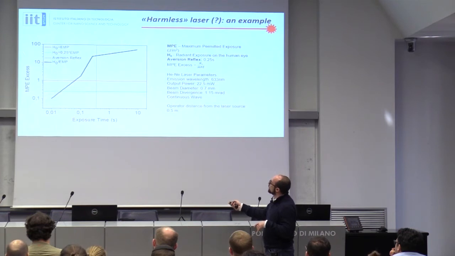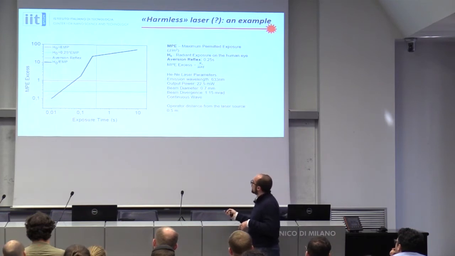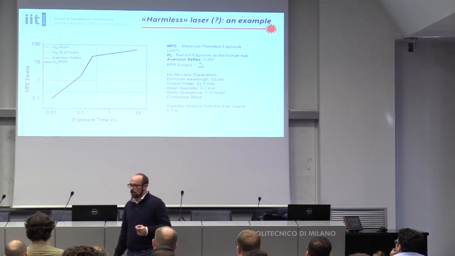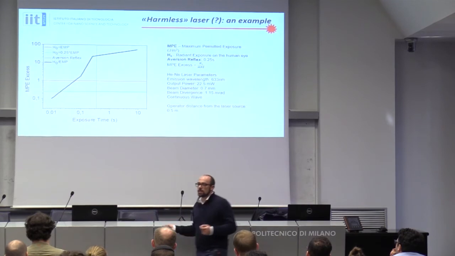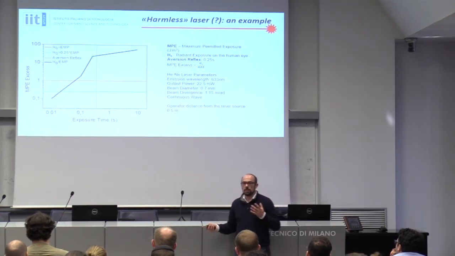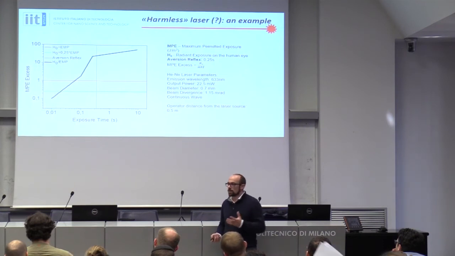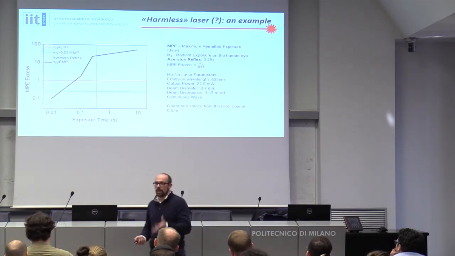Exposure time, and here the MPE. So in all the exposure times that are higher than this, we are going to be in danger. And if you look here, this is about 50 milliseconds. So this guy is able to make damage in about 50 milliseconds, so 1/5 of the time required for your eye to react.